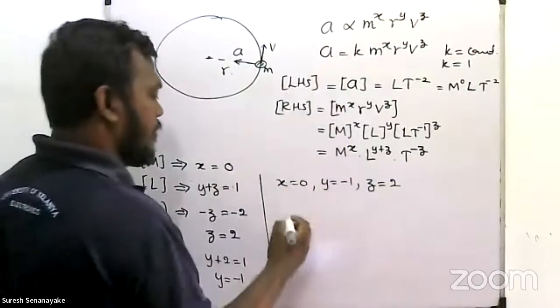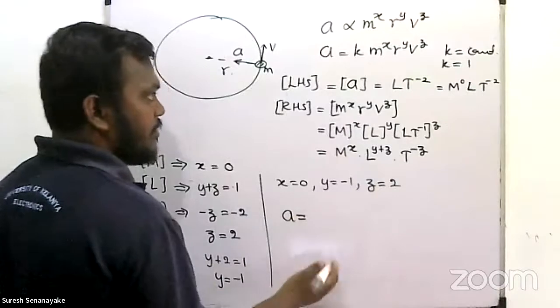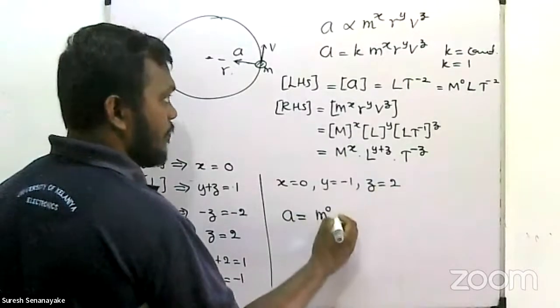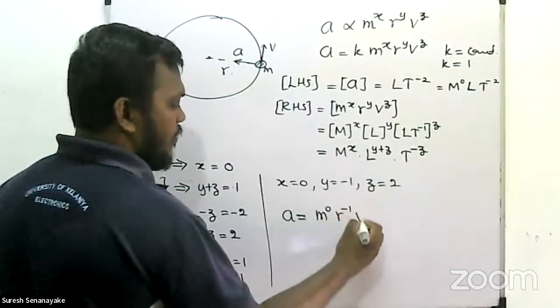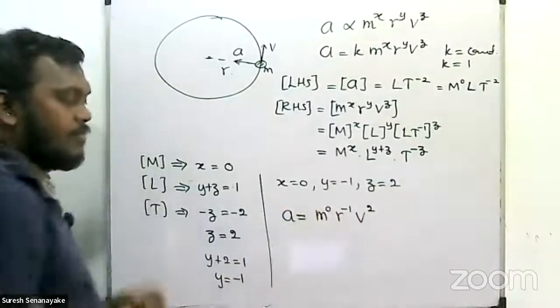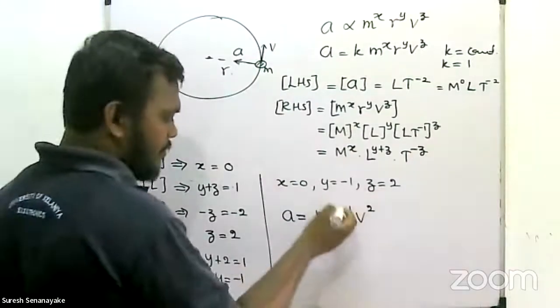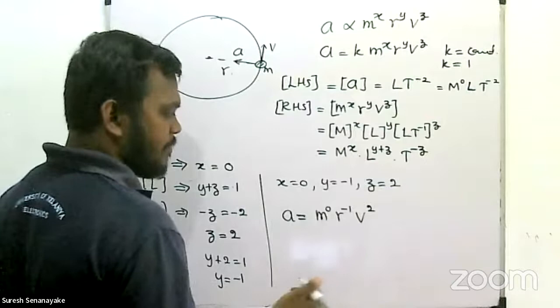Then in this equation for a, the value of k is 1. So M to the 0, r to the minus 1, v to the 2. The zero power is omitted, and r to the minus 1 goes to the denominator with a positive power.